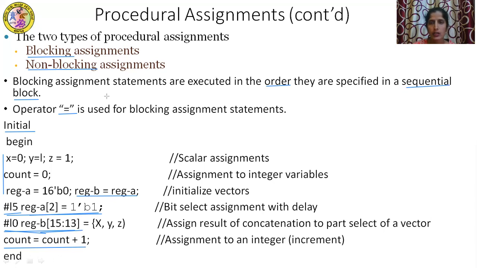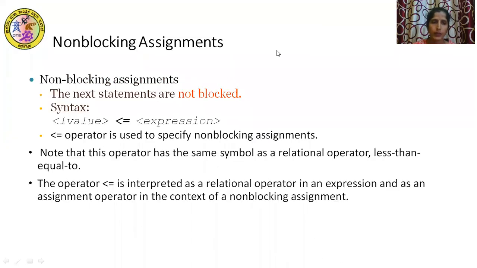So let us get into the next topic, that is non-blocking assignment. In non-blocking assignments, the next statements are not blocked.